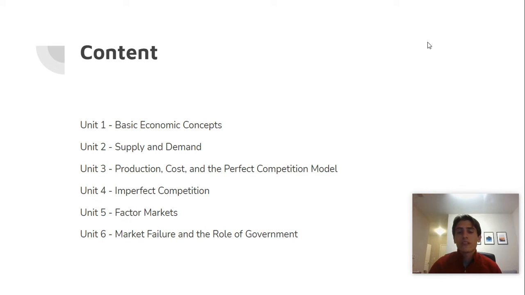Then we'll focus on the perfectly competitive markets or models and talk about production and costs and things that firms, kind of looking from the firm side of things. After that, we'll be moving on to imperfect competition, so expanding our model out to oligopolies, monopolies, and monopolistically competitive markets.